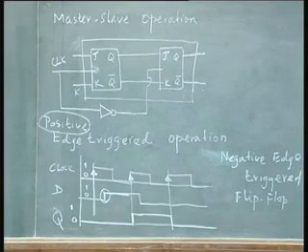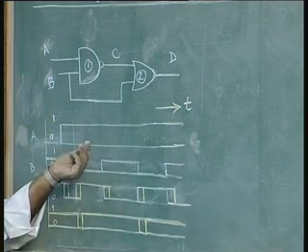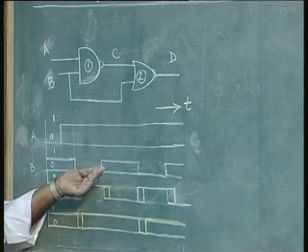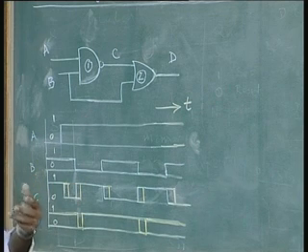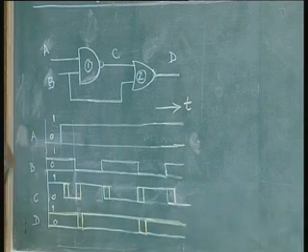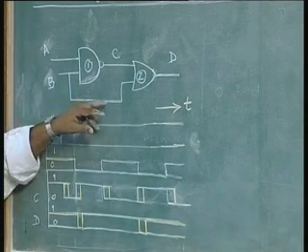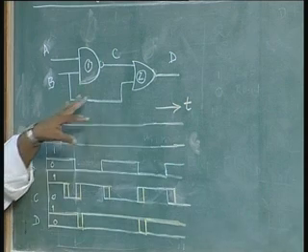So, the actual way in which it is done is to put extra circuitry at the input of each of these flip flops. For each flip flop input, that means if it is a JK flip flop, 2 inputs, for each of these inputs you need to put this extra circuitry. Let us just understand this circuit. This is one of the possibilities.